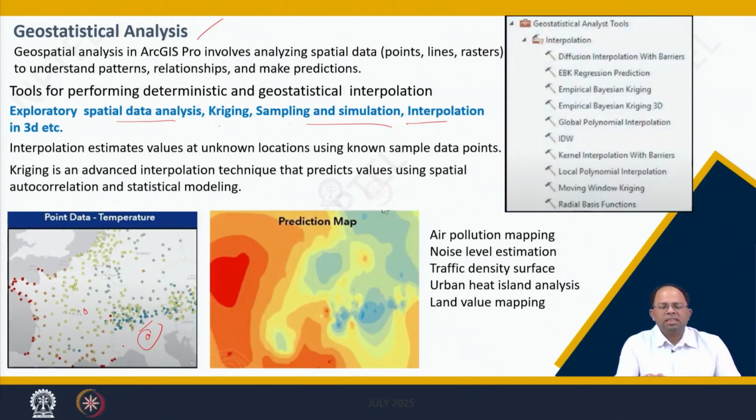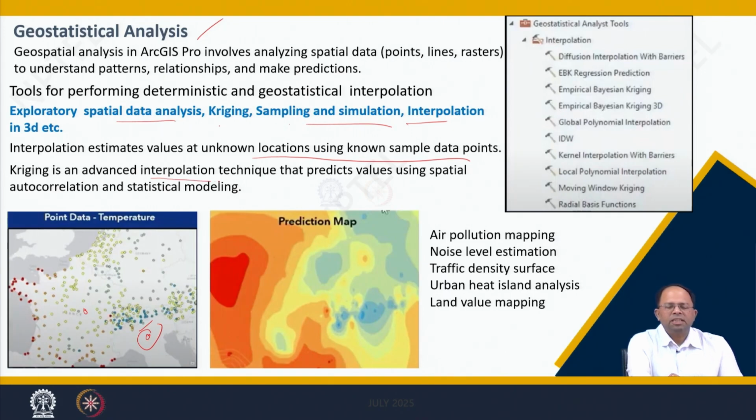Interpolation estimates values at unknown locations using known sample data points. I have not given the equations here, but there are different ways we can do that based on different thought processes, for example, taking the average value between two points and then extending that.